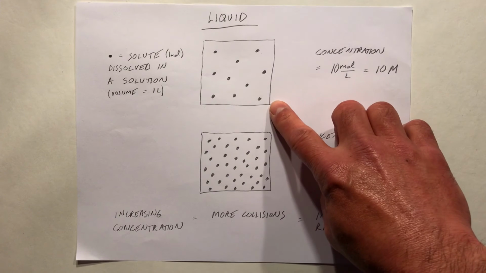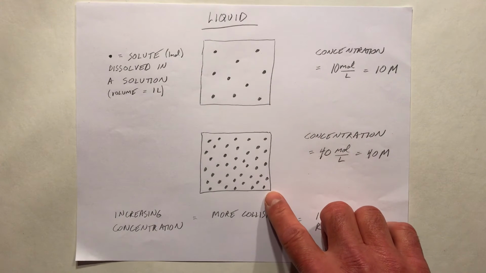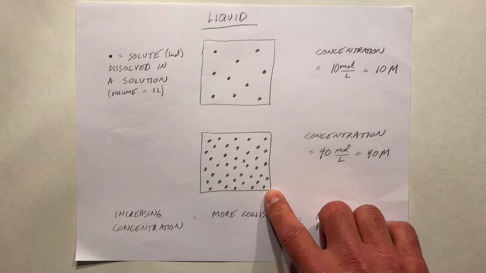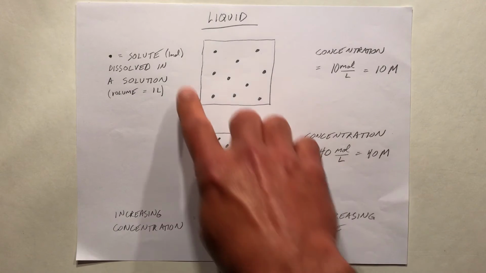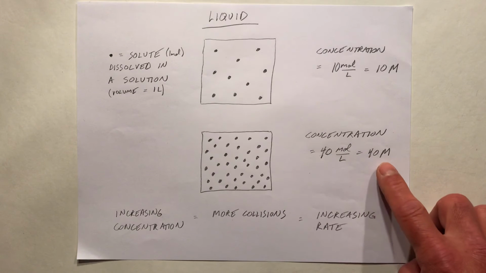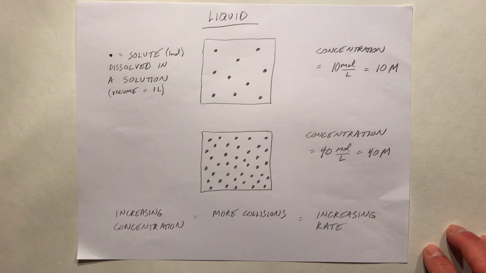Now let's increase the number of particles in the container by a factor of 4. So we have 40 dots inside this container. That would mean each dot is 1 mole. That's 40 moles per liter for a concentration, or 40 molar.